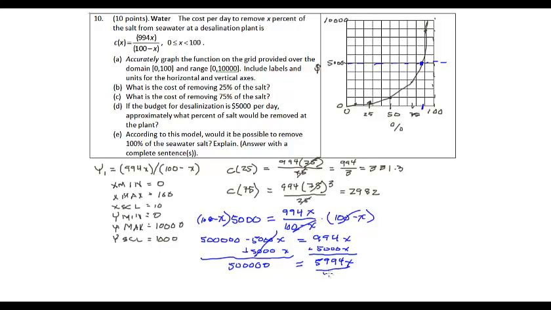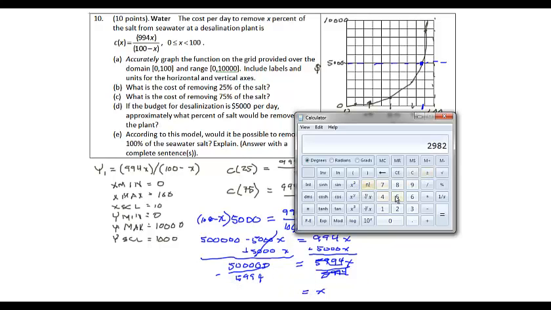Divide both sides by 5,994. This cancels, and what we'll get is x on the right, and on the left 5,000, or sorry, 500,000 divided by 5,994.